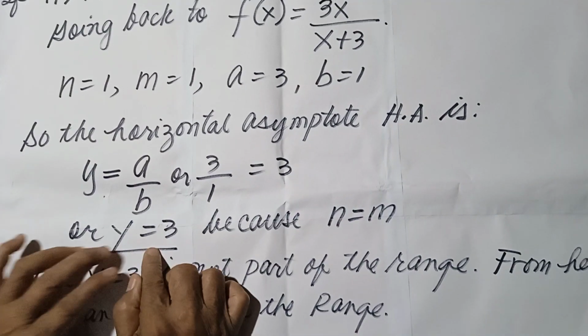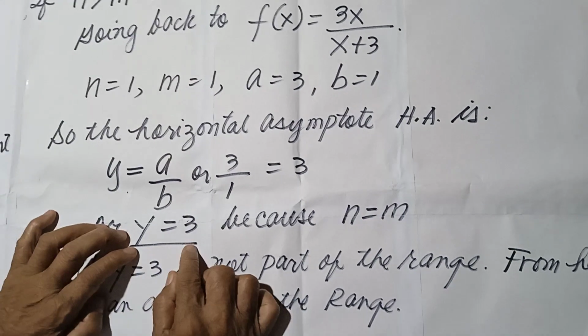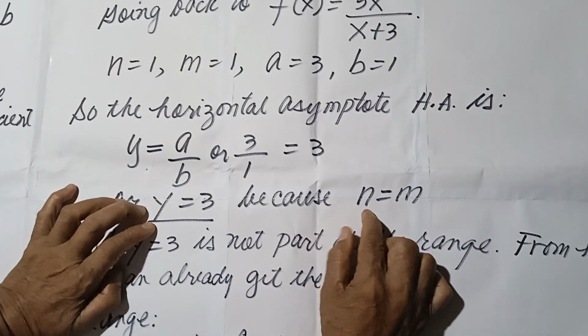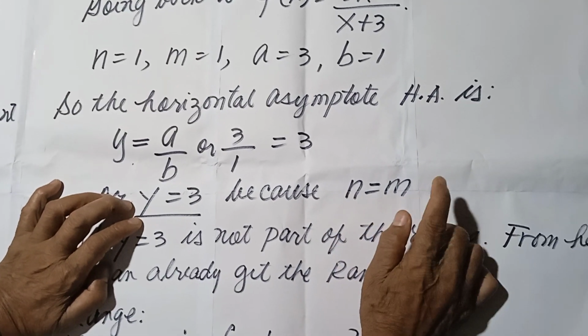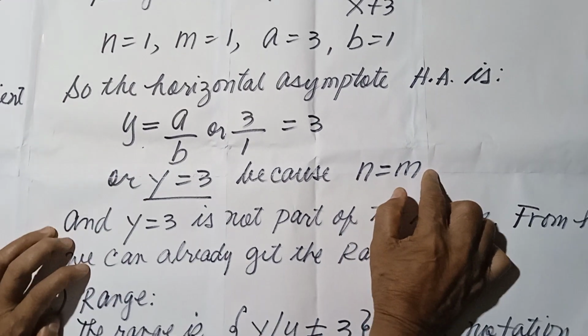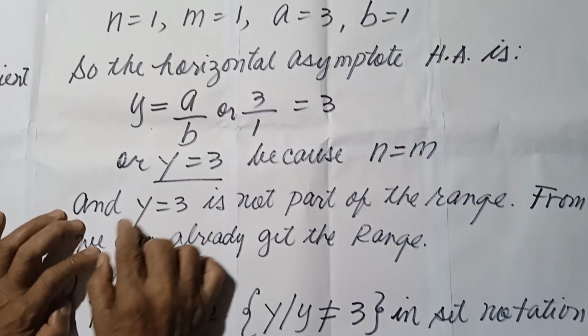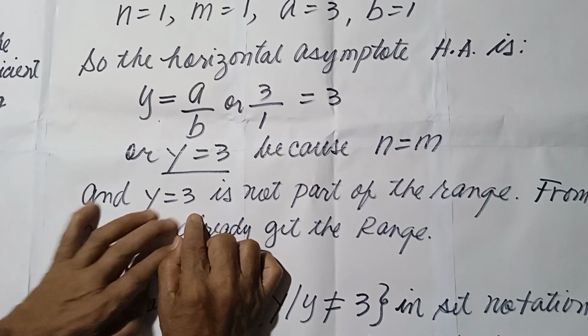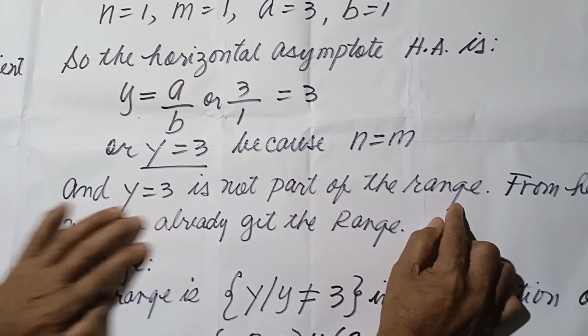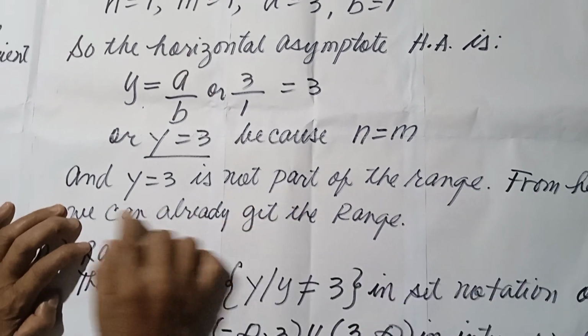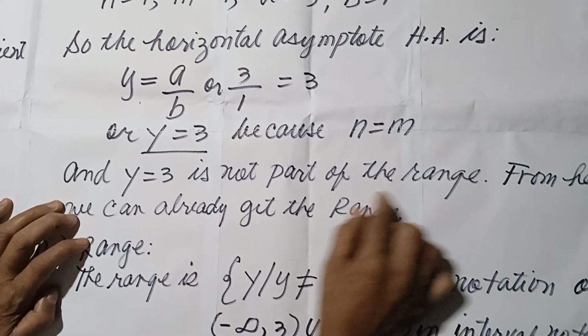Or, y equals 3 is our horizontal asymptote because n is equal to m, I repeat. And y equals 3 is not part of the range.